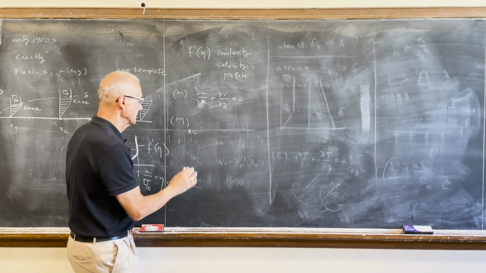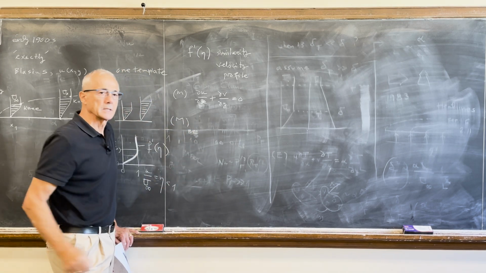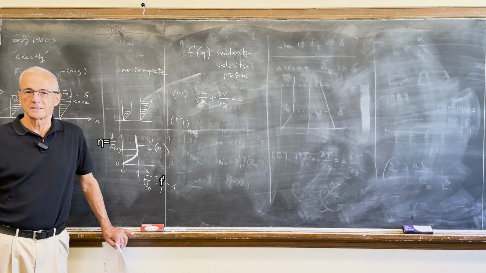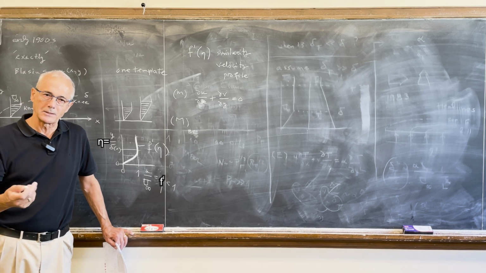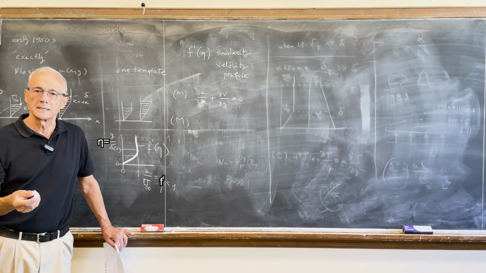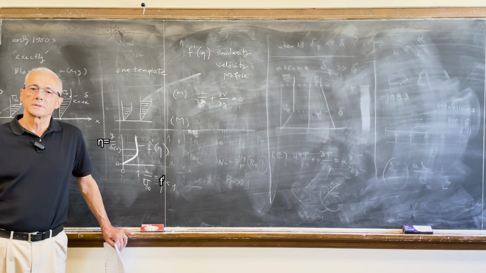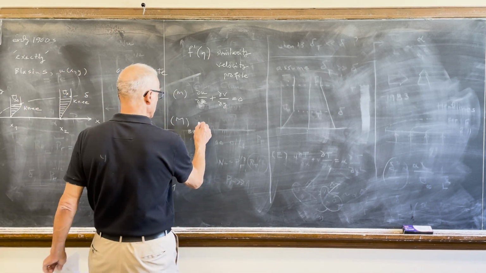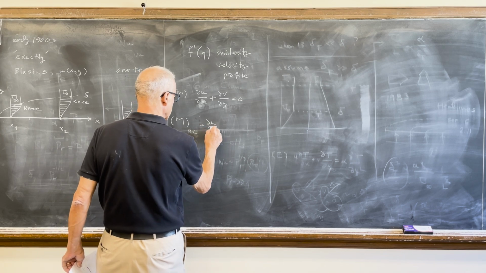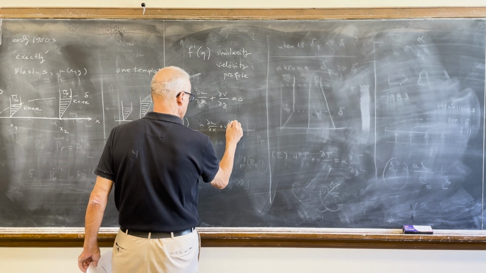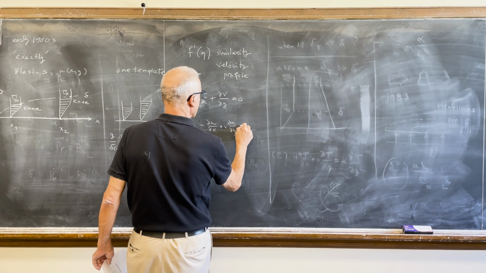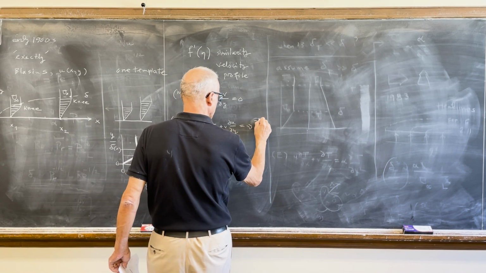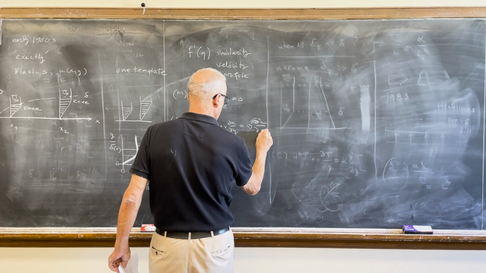The momentum equation in boundary layer theory is only one, because you have to use the momentum equation in the y direction to conclude that the pressure is uniform in the boundary layer. So there's only one momentum equation, which is u du/dx plus v du/dy equals nu d2u/dy2.